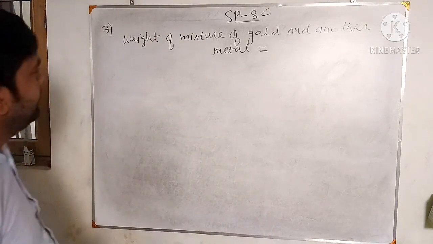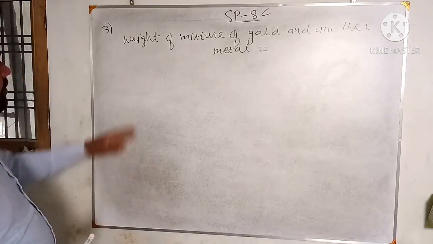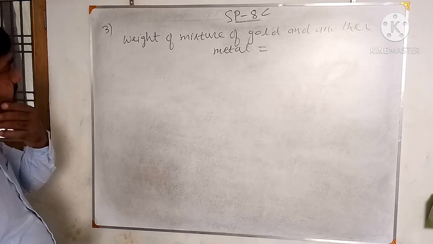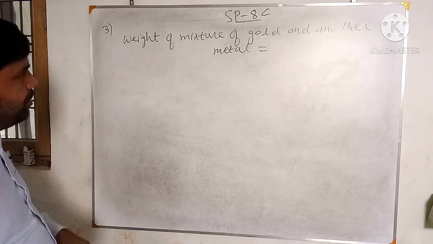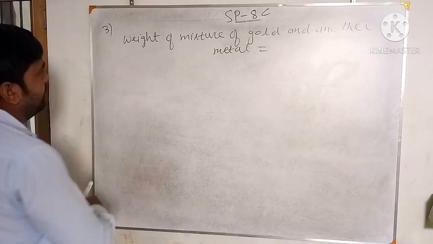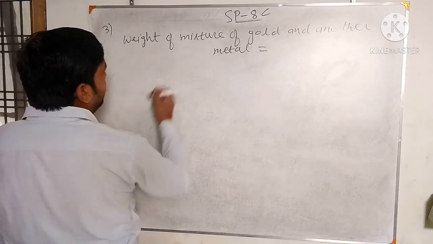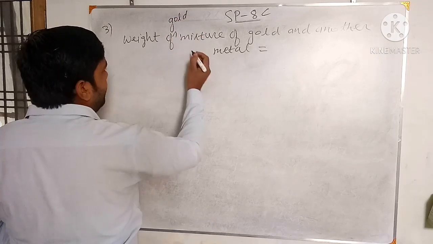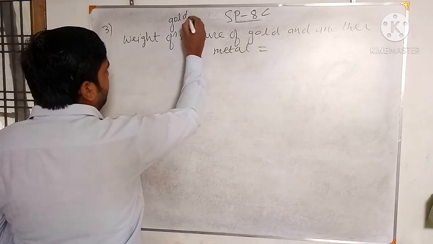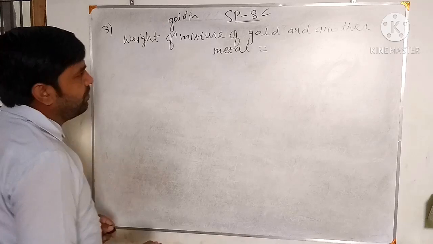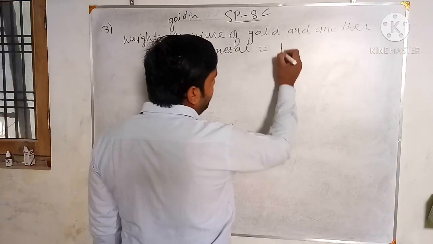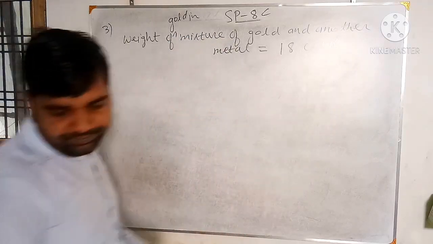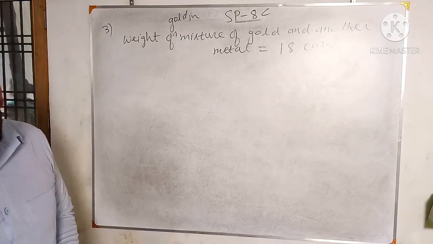So here you can see the weight of pure gold in the mixture of gold and another metal is 18 carat.